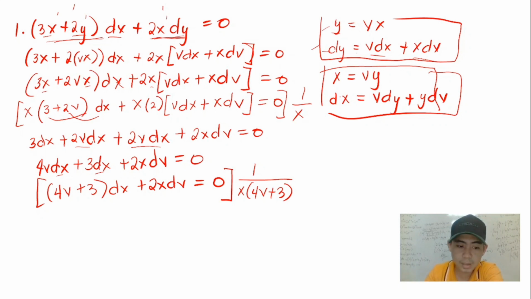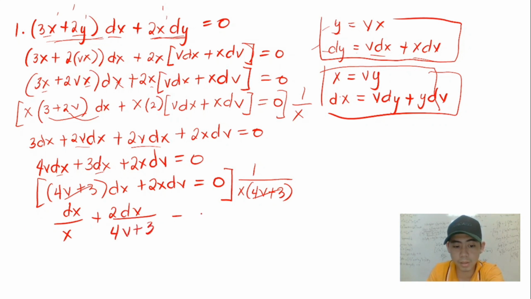Now, let's continue. So, (4v plus 3) dx multiplied by 1 over x(4v plus 3), the 4v plus 3 cancel out. So, dx over x plus 2dv over (4v plus 3) is equals to 0.